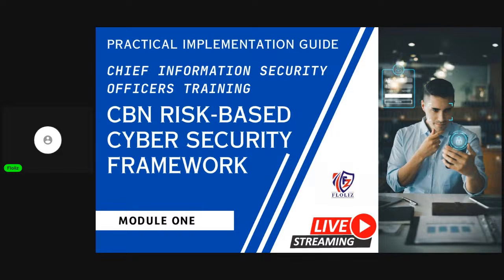You'll get notifications when trainings are coming up. After each training, templates will be shared. Work on those templates before the next training, so that within 6 months, your OFI will be positioned to meet the cybersecurity requirements as stipulated in the guideline.